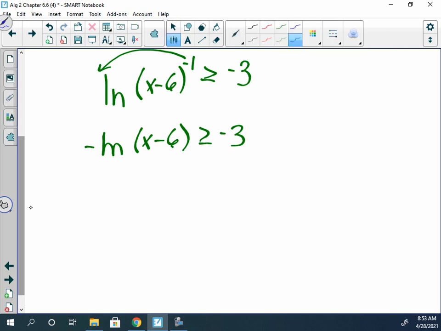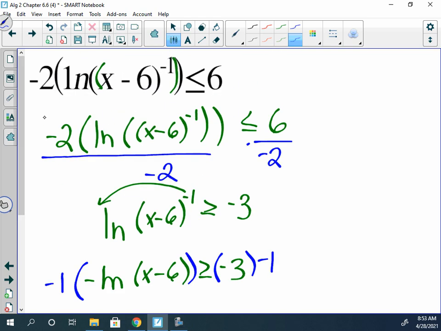And then I want to get rid of that negative. Whenever we multiply or divide by a negative, we have to change the sign.